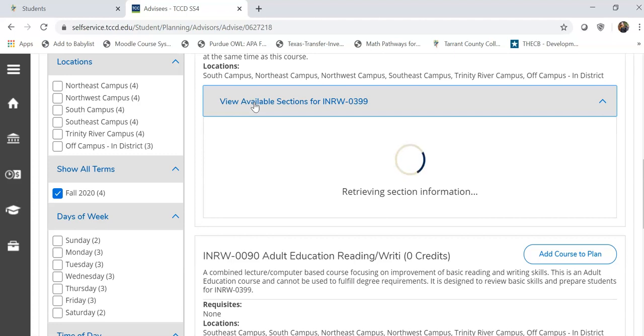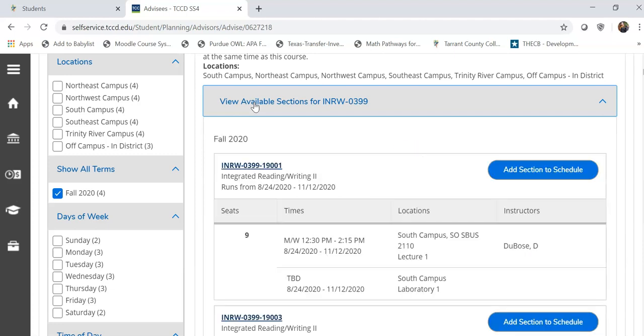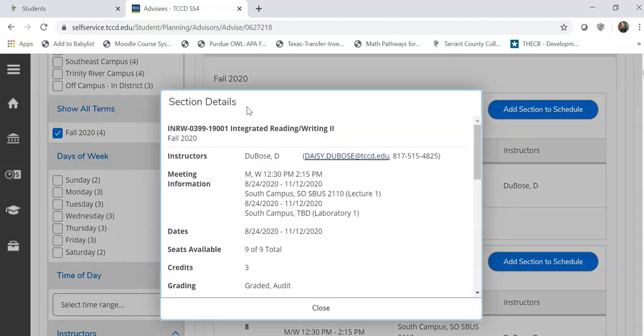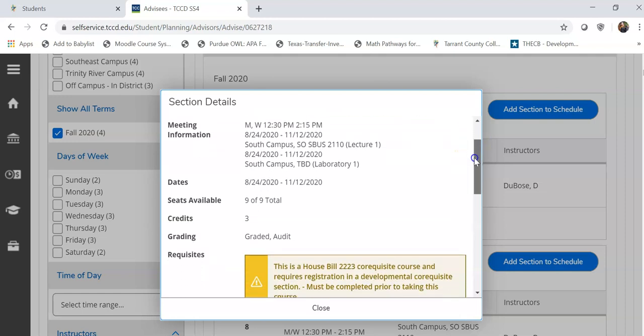And then you will be able to look at your specific sections. So if you click on the course section number right here, it's going to tell you who the instructor is, the course meeting time, the dates, the location, as far as the campus, as well as the building and the room number, and the format that the class is in.